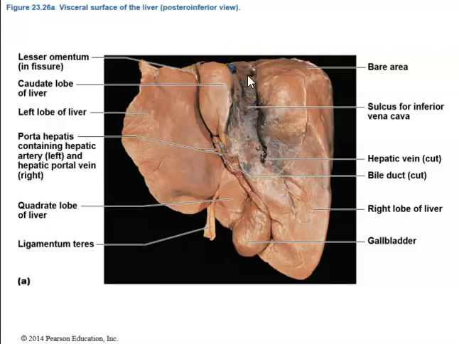Inferior vena cava also has a C. So right next to the inferior vena cava, you have the caudate lobe here, okay? And also the caudate lobe is located more posteriorly compared to the quadrate lobe. Again, round ligament starts with R, quadrate lobe, four-sided, has an R. Caudate lobe has a C, inferior vena cava has a C, okay, to help you with identification.